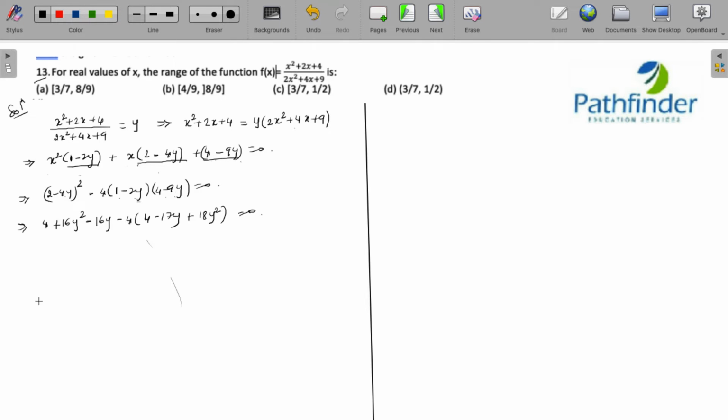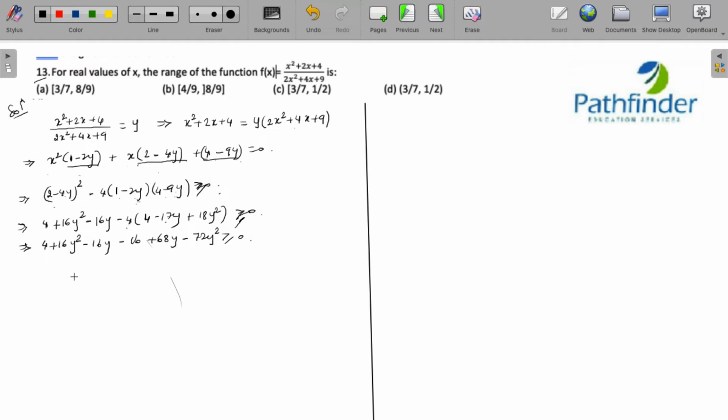This must be greater than or equal to 0, because the discriminant b square minus 4ac must be greater than or equal to 0 if x has to have real values. So what do you get? 4 plus 16y square minus 16y minus 16 plus 68y minus 72y square is greater than or equal to 0.